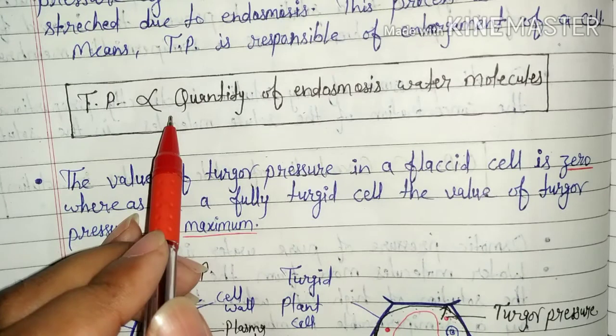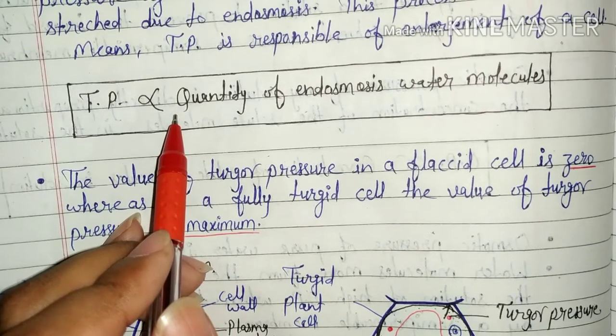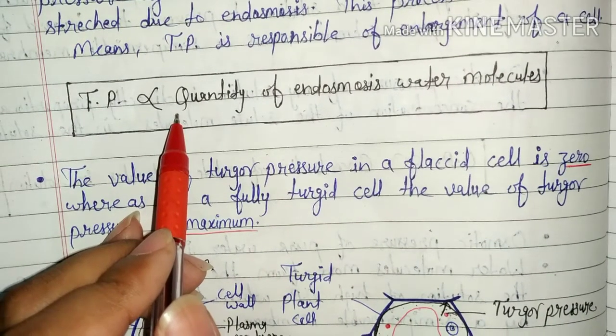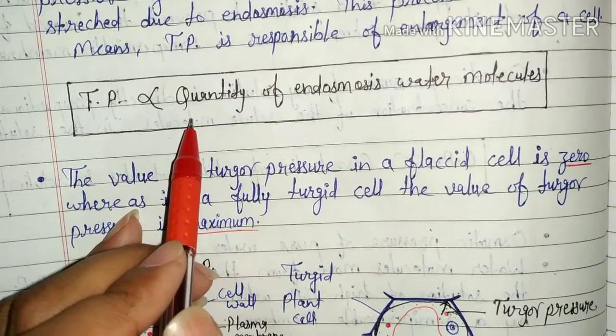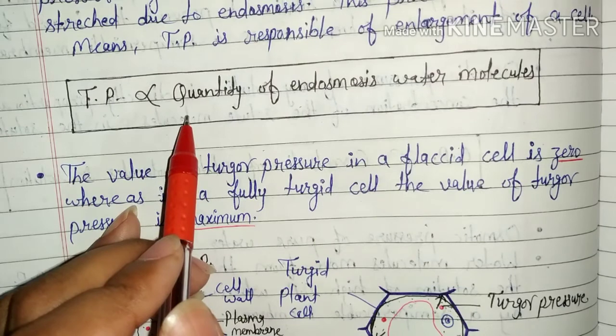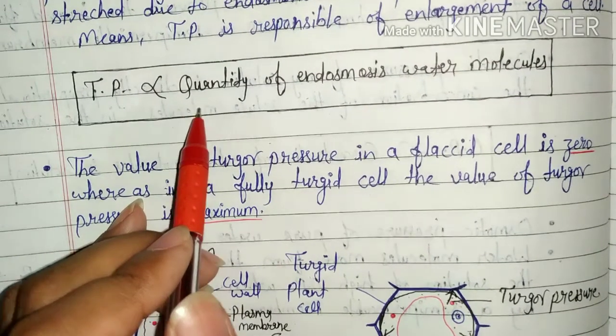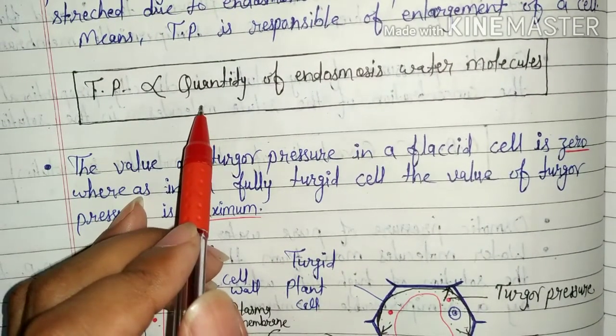Due to this, endoosmosis takes place and water moves from hypotonic solution to hypertonic solution. As a result, the cell becomes fully turgid.